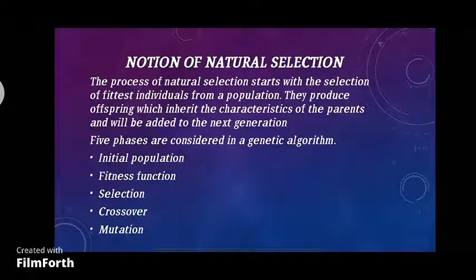The process of natural selection starts with the selection of the fittest individuals from a population. They produce offspring which inherit the characteristics of the parents and will be added to the next generation. There are five phases considered in a genetic algorithm: initial population, fitness function, selection, crossover, and mutation.